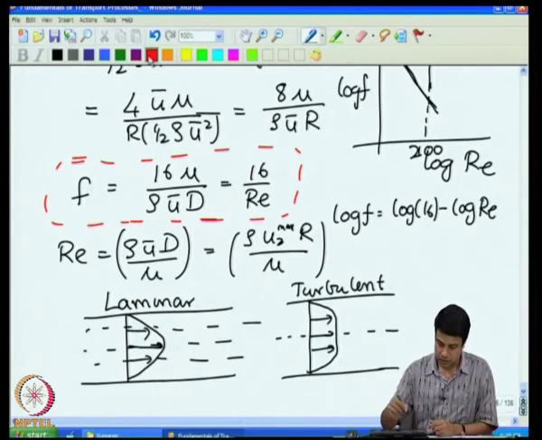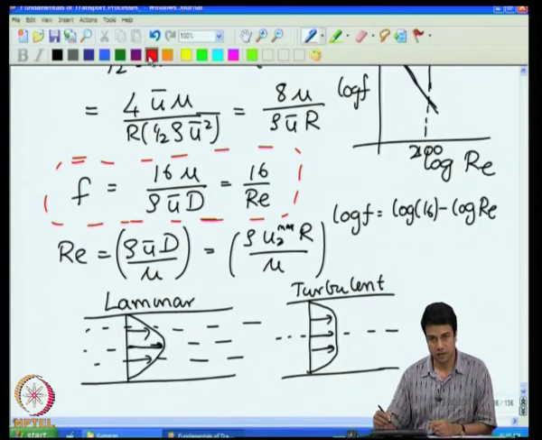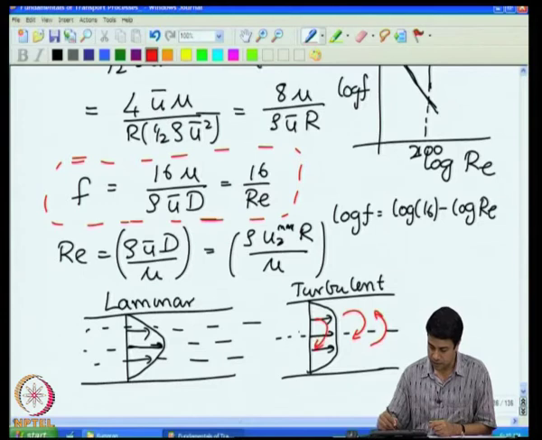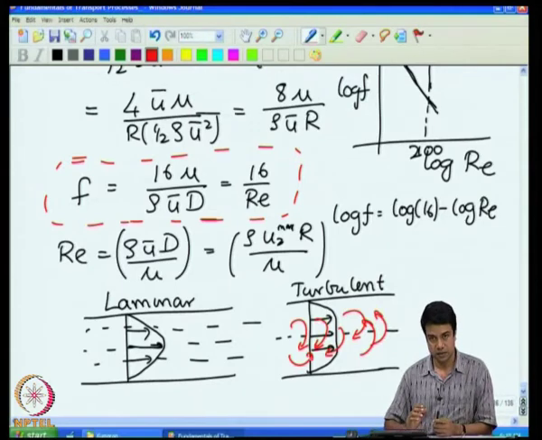In a turbulent profile, the transport of momentum actually occurs due to the formation of highly chaotic eddies, which are highly fluctuating, highly dissipative.